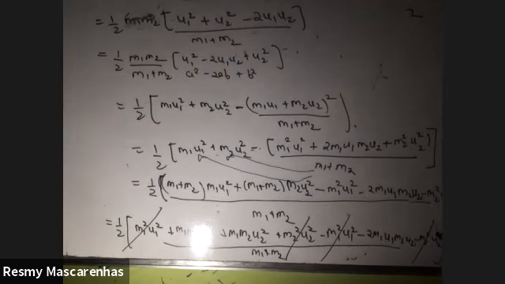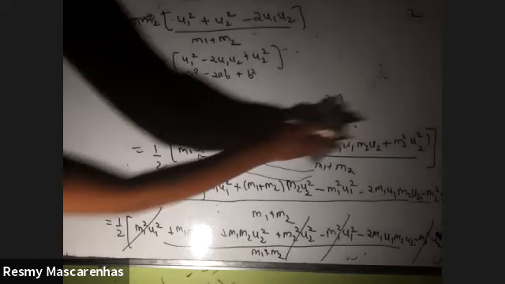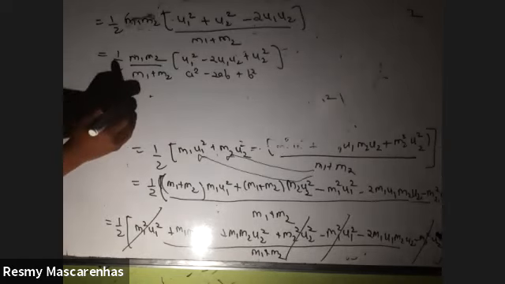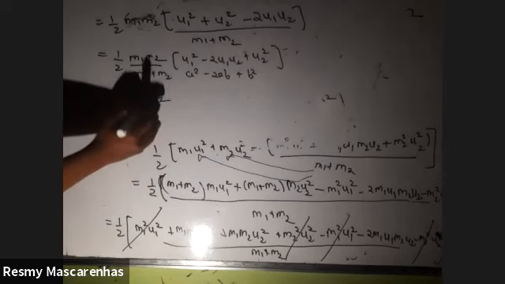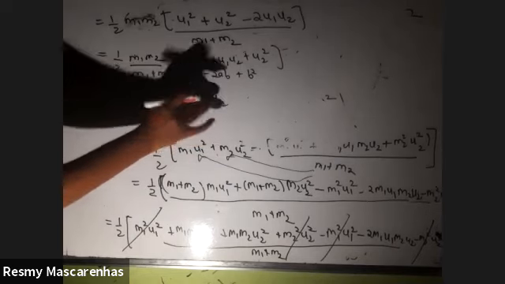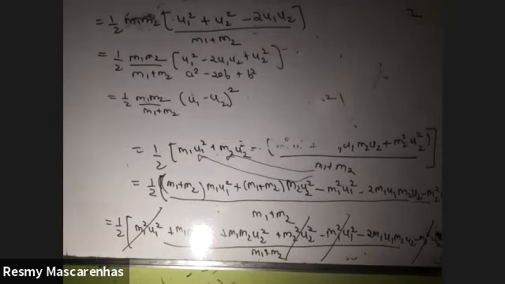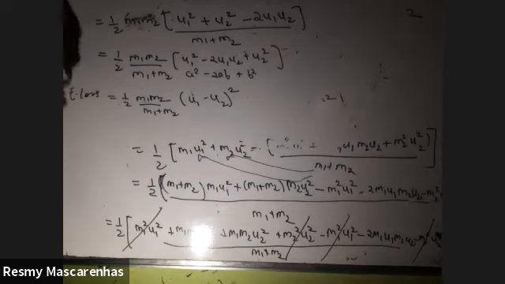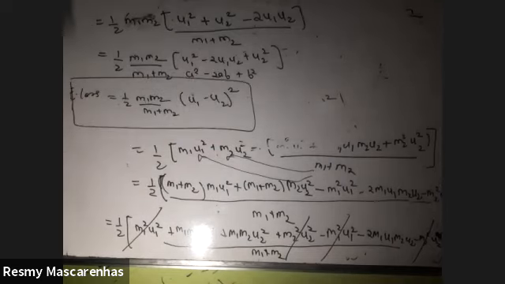You see? So what is a square minus 2ab plus b square? A minus b the whole square. So this is your final formula for energy loss, u1 minus u2 the whole square.